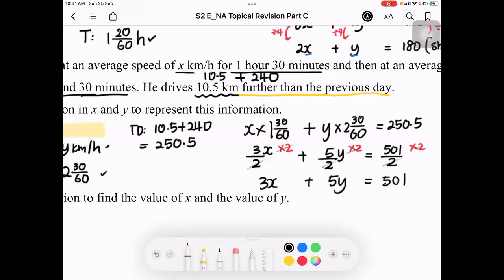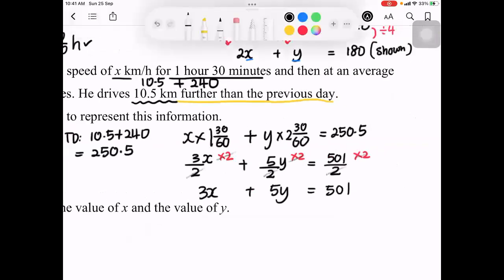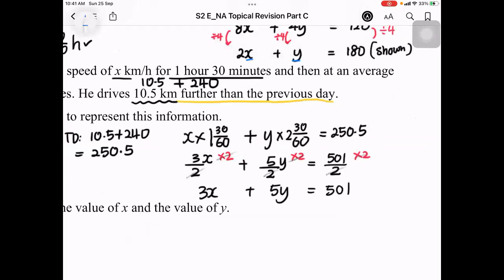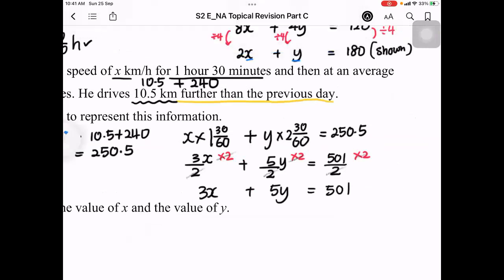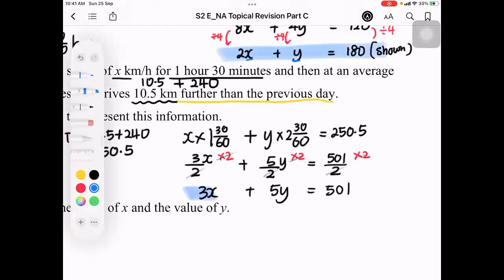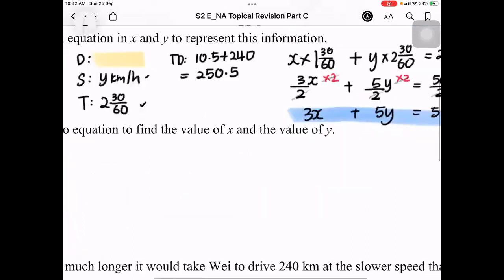Okay, now finally we got 2 unknowns, x and y, and 2 equations. Where are our 2 equations? The first equation, 2x plus y equals 180. 3x plus 5y equals 501. Then they are going to ask us to solve these 2 equations.